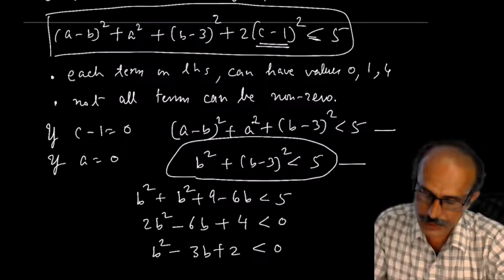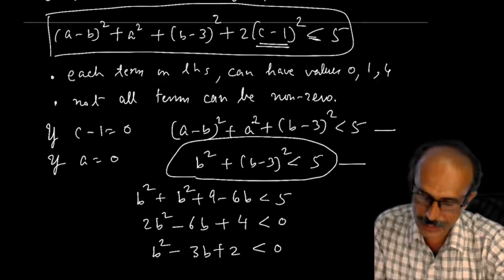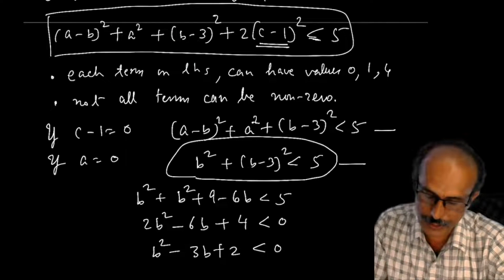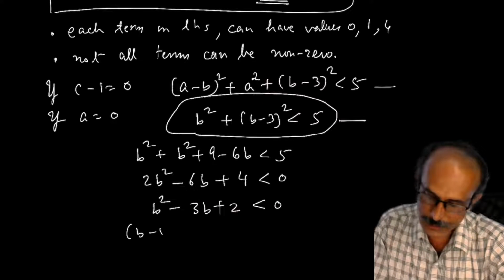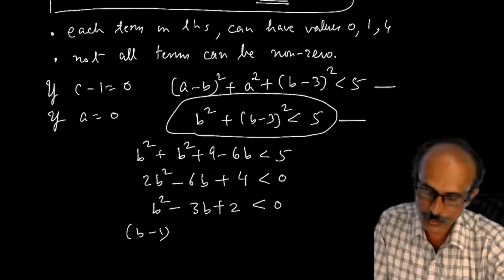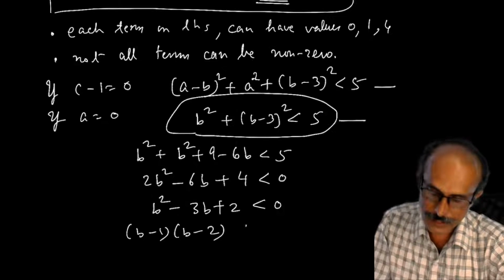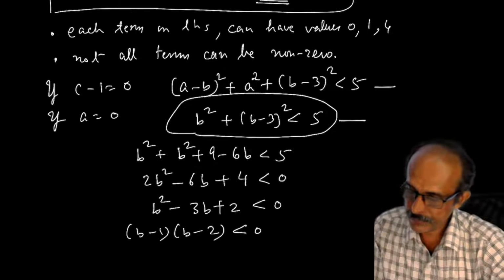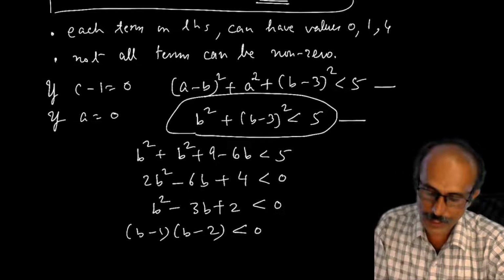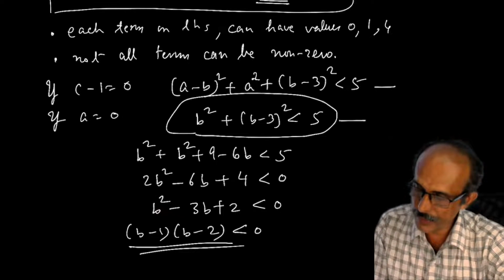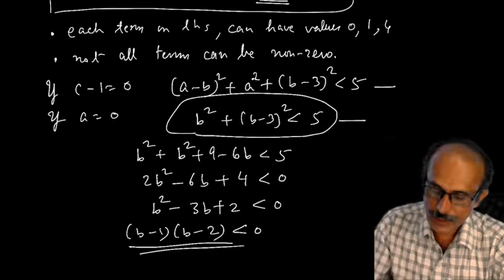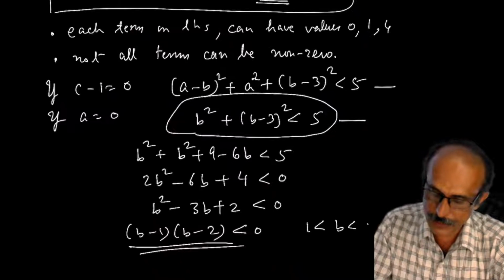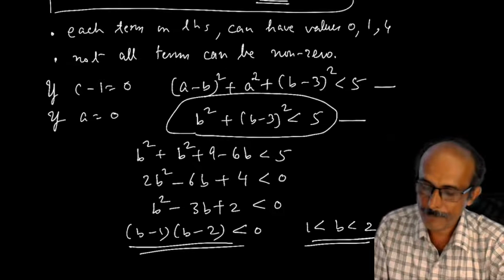So it factorizes to (b minus 1) into (b minus 2) less than 0. And this is possible whenever 1 is less than b less than 2.